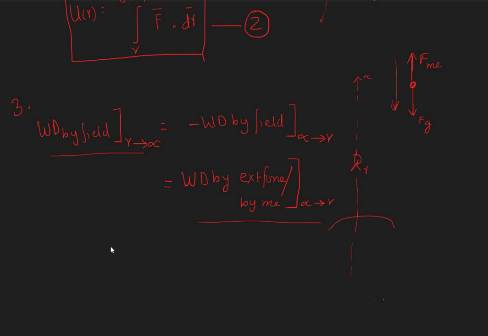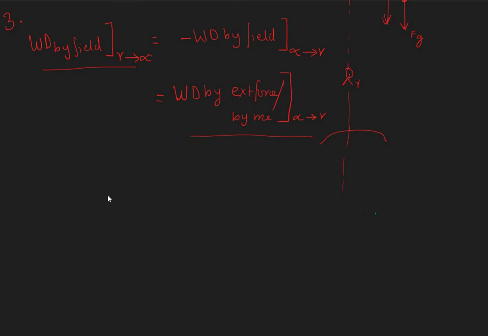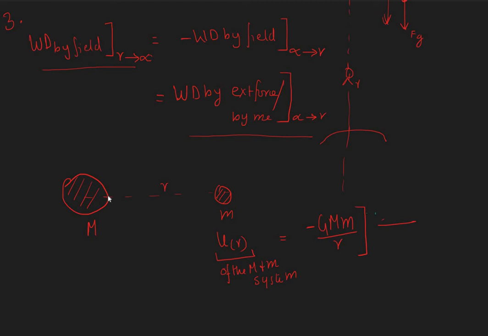Now, why is this an important idea? It's important because when you talk about a potential energy between two objects, let's say this is of mass m and this is of mass m, at a distance r, we can say that U of r, which is the potential energy of the Mm system, is equal to minus GMm by r, and this quantity is nothing but the work done by me to assemble the configuration against the field.